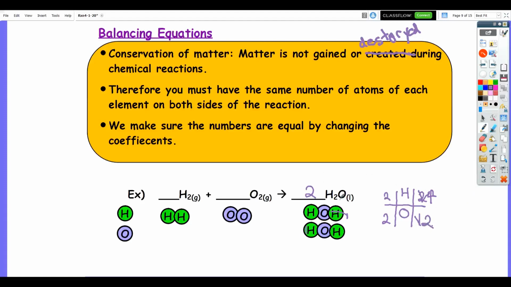Also, 2 times 2 gives me 4, and 2 times 1 gives me 2. But now, my oxygens are happy and equal. 2 oxygens to start, 2 oxygens to finish. But now my hydrogens are not balanced. I have 2 hydrogens to start and 4 hydrogens to finish. Well, my hydrogens come in sets of 2, so let me add another one.